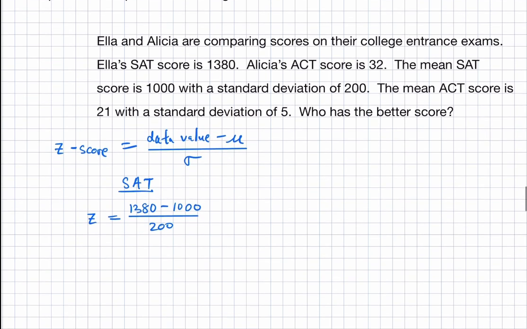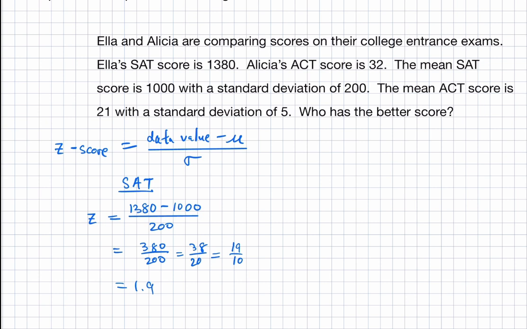Okay, and this works out to 380 over 200, which is equal to 38 over 20, which is the same thing as 19 over 10, which works out to 1.9. Okay, so that gives us a z-score of 1.9.